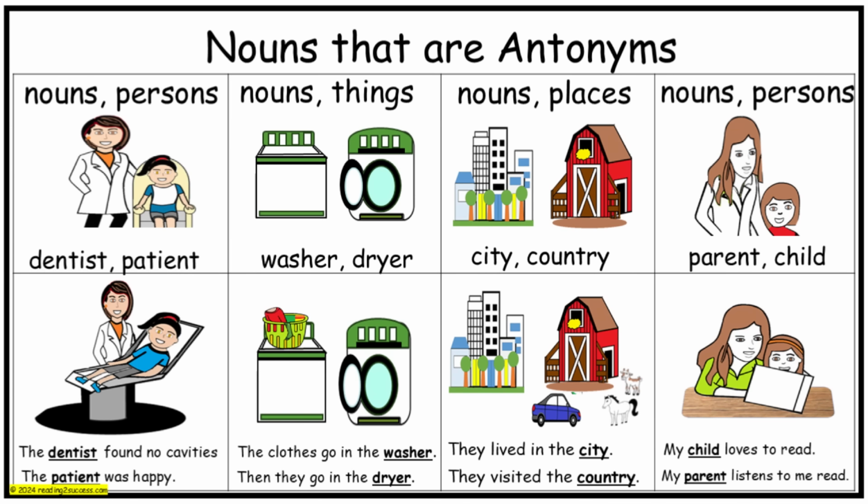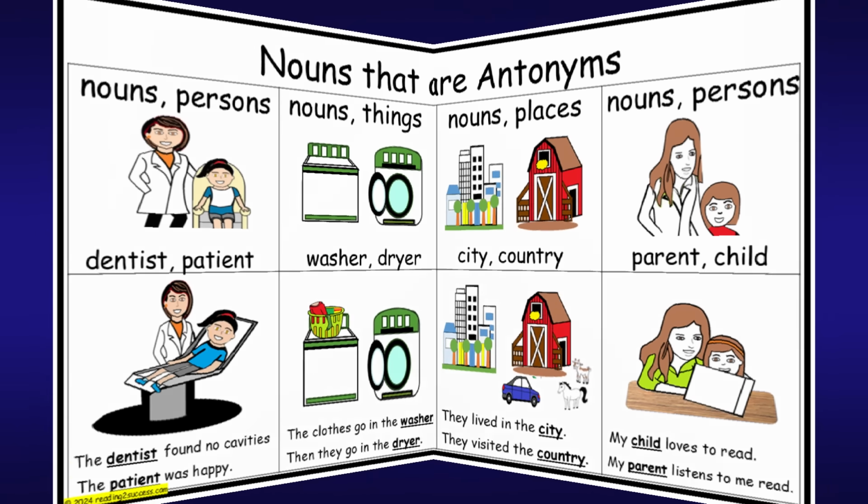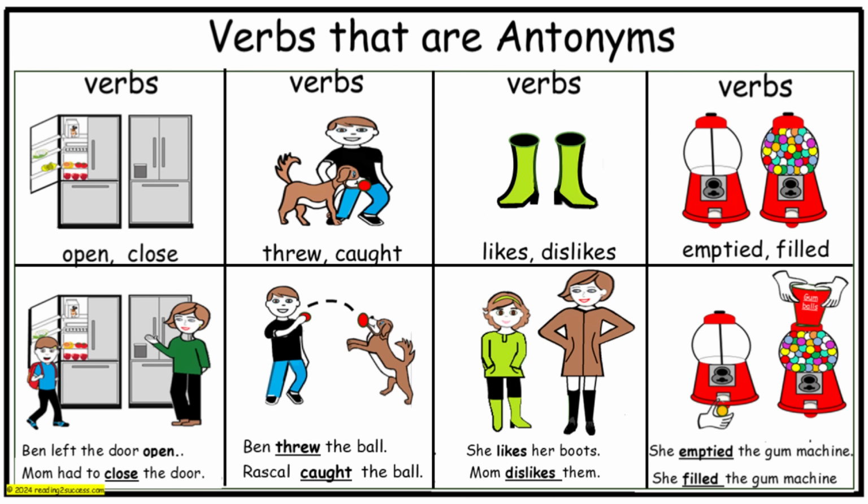In the second example, both nouns name opposite things, washer and dryer. Then opposite places, city and country, and ending with opposite persons, parent and child. This is the second chart, verbs that are antonyms.